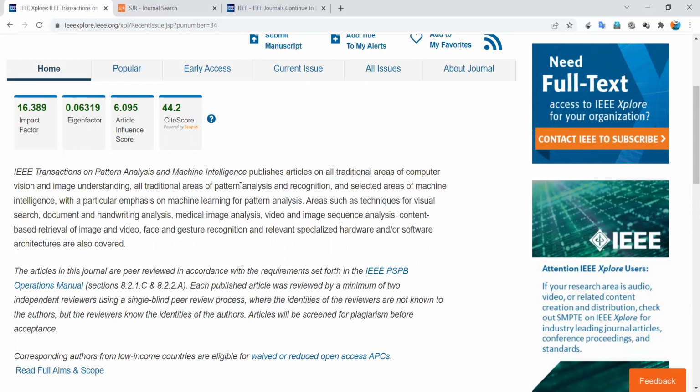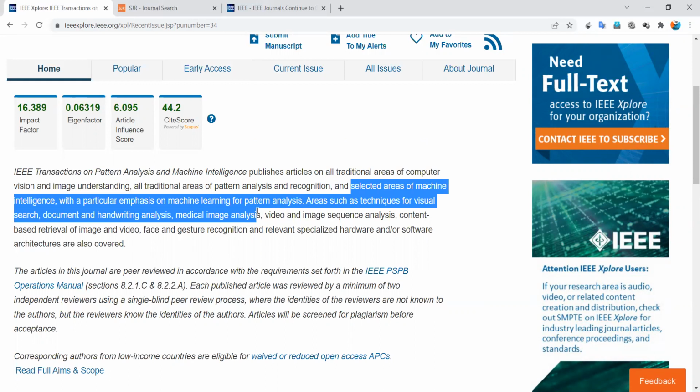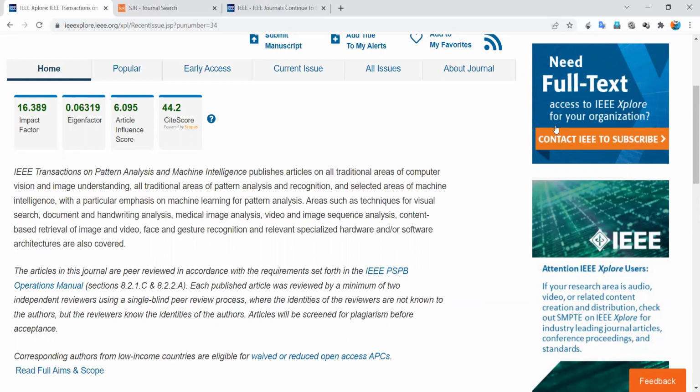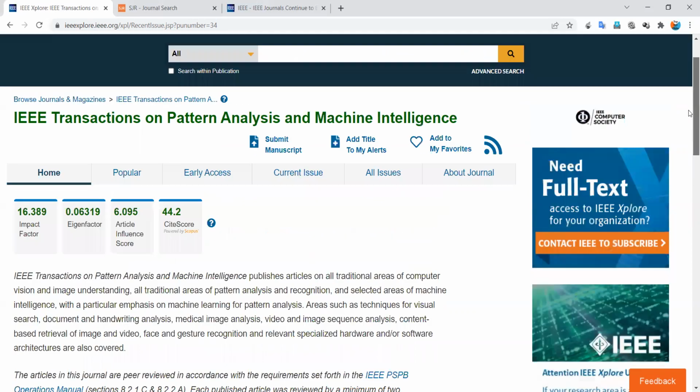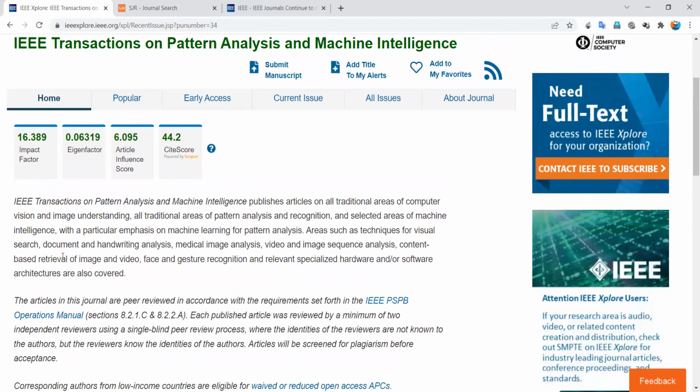If you are working in the field of image processing or vision, then I hope you are already familiar with all these terms. But there are also selected areas of machine intelligence, and specifically the name itself mentions machine intelligence, so machine intelligence is in focus.